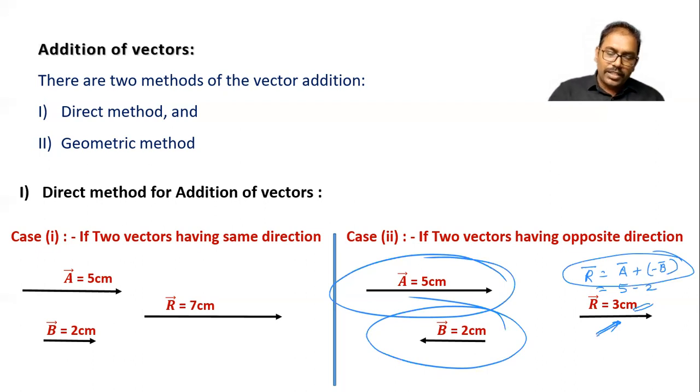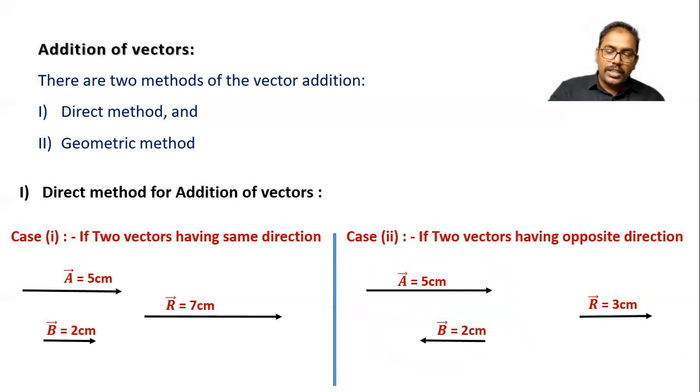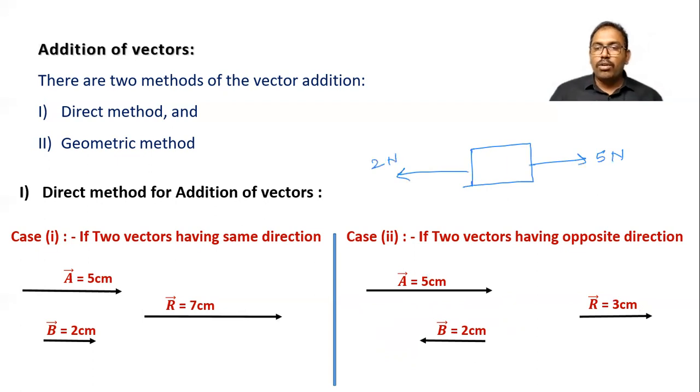Now let me tell you a general example. Consider one block. On this block, two forces are acting. The first one is 5 Newton in this direction and the second one is 2 Newton in this direction. Then the block goes toward the larger force, and this case is similar to 3 Newton in this direction.